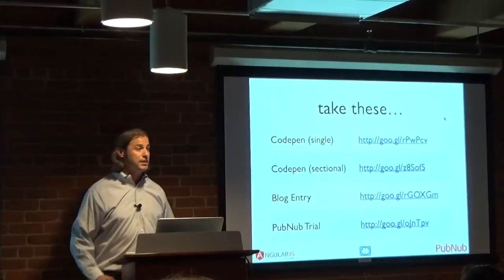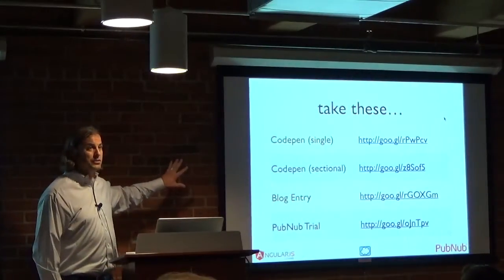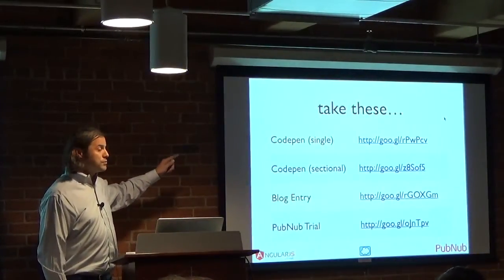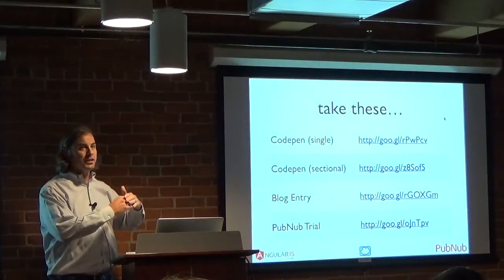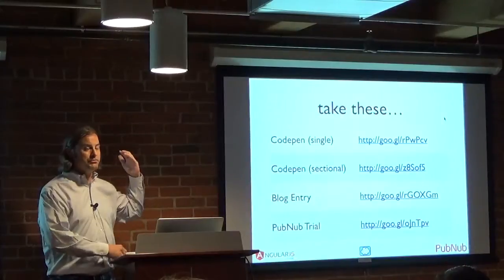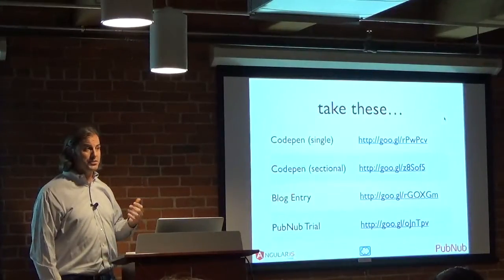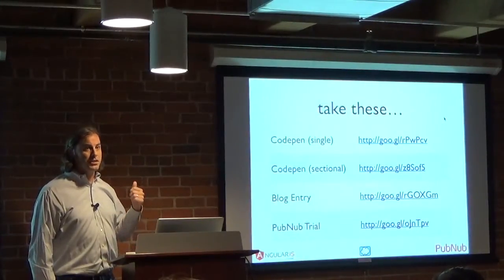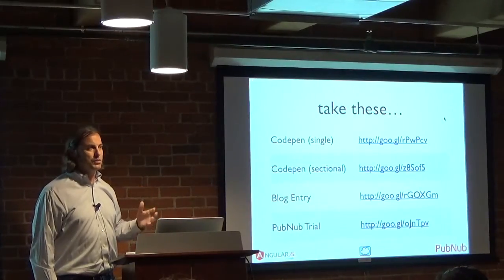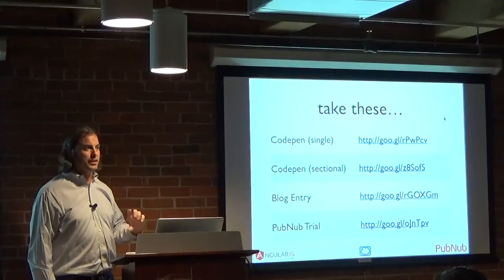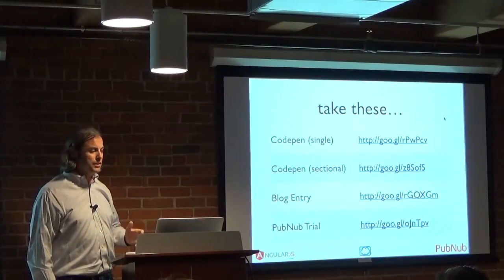So first off, take these. These are the links that will let you follow along. The first one is a single-page CodePen. So that's if you like everything in one HTML file. It's 99 lines. I want to keep it lightweight. And you'll find the head will have all the script tags you need. The body will contain the HTML. And there's a script tag in there that contains all the AngularJS code that you need.